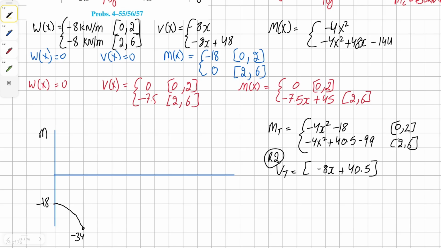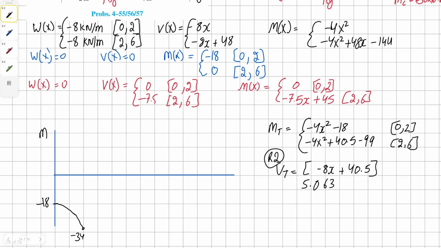Now let's see if there is an x-intercept. It looks like there is going to be one. And it's going to be 40.5 divided by 8, which comes up to be 5.063, or 5.1, we can say.